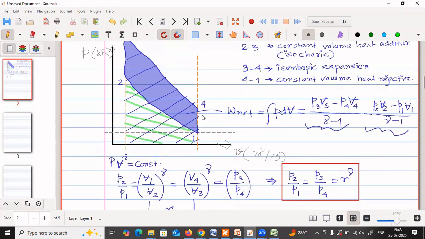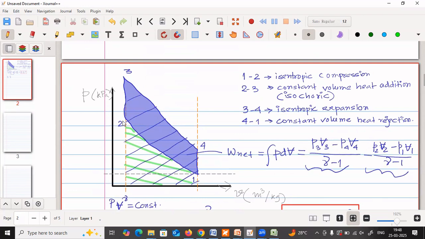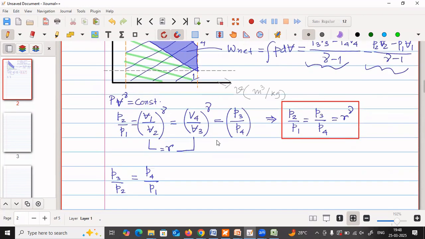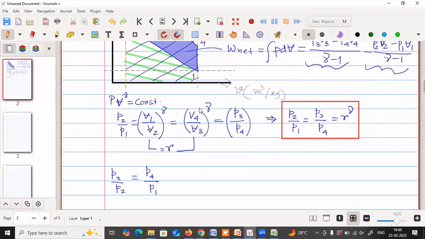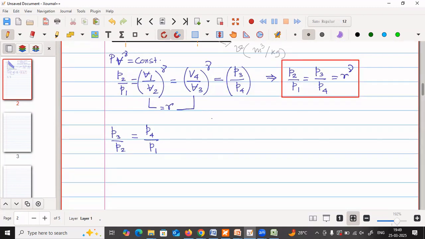As we can see, this P3 by P2 is the same as P4 by P1, that we can define as Rp, that is the pressure ratio.